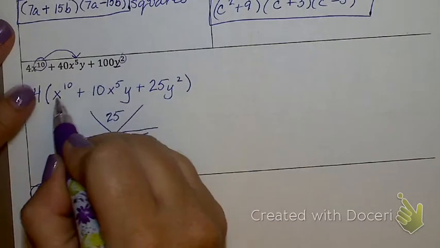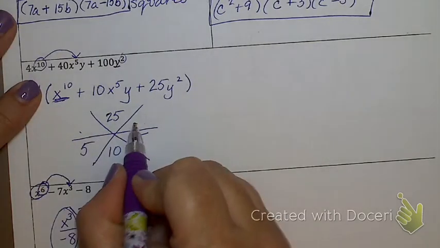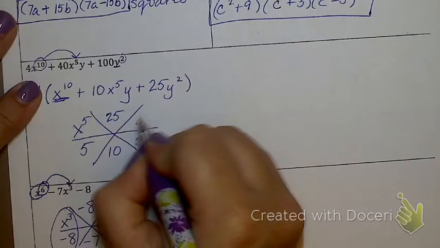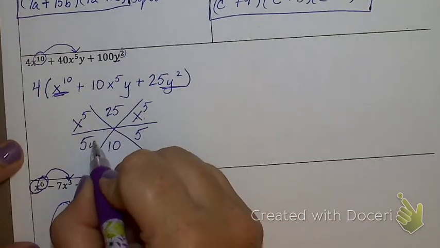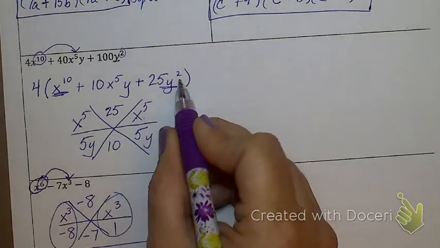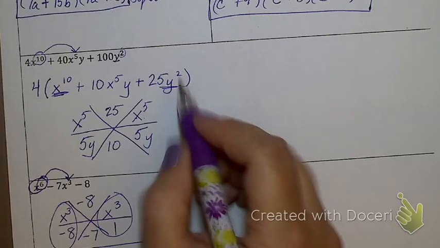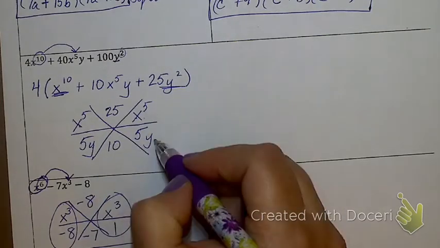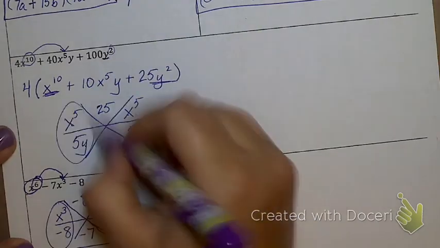So, because this is x to the 10th, what do I put on the top here? X to the 5th. And because there was a y squared at the end, what do I put on the bottom? A y. If it was a y to the 10th at the bottom, I would put y to the 5th. I just split up whatever it is. Okay? Can either of these reduce?